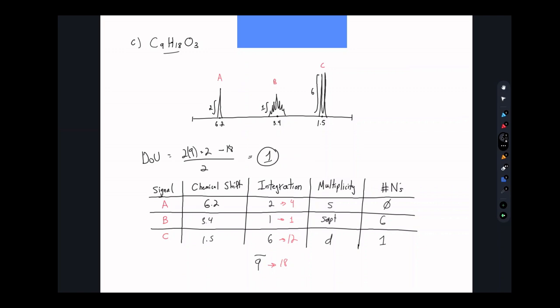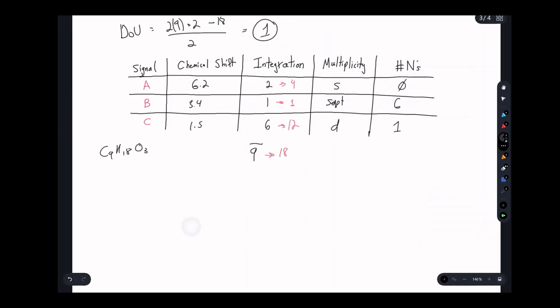With that in mind, we have C9H18O3, and we can finish this spectra. So, applying the doorway method here, keeping in mind the idea that we probably have symmetry, let's just use these half numbers and try to solve half of the structure. Our only doorway signal here then would be signal C, and 6 integration with a doublet.